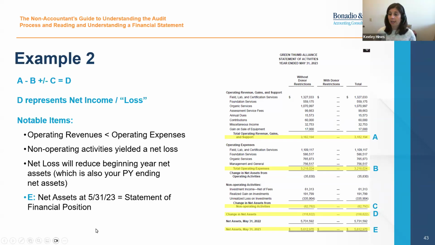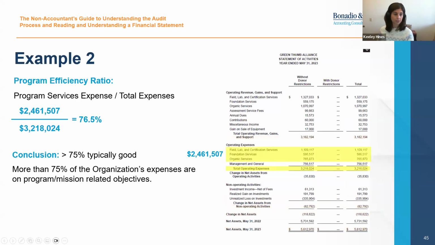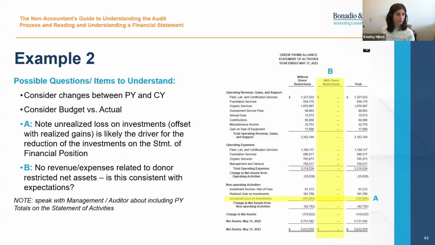So let's take a look at notable items when if I were handed this financial statement. One of the things to note is that your operating revenues are less than your operating expenses. So you see right here, we put a whoops, I apologize, I advanced a screen.